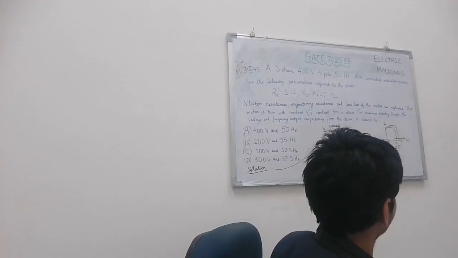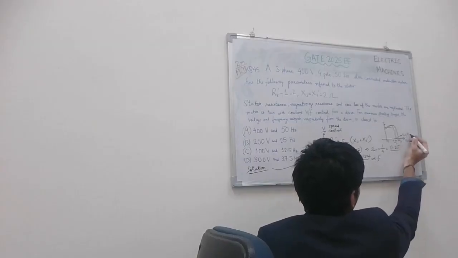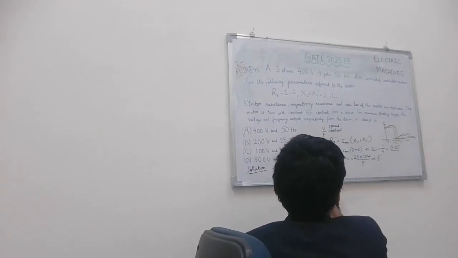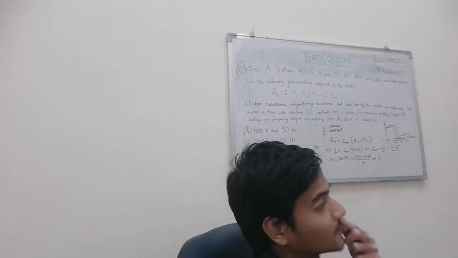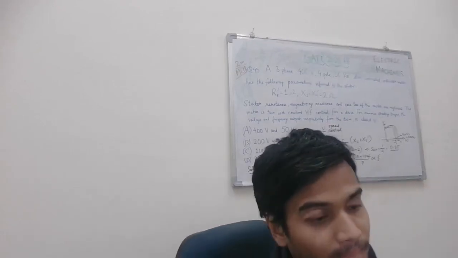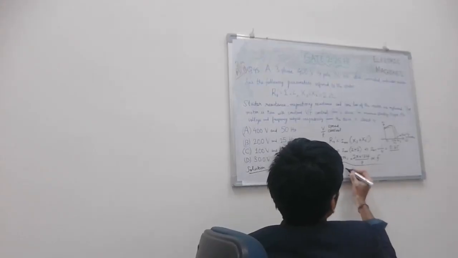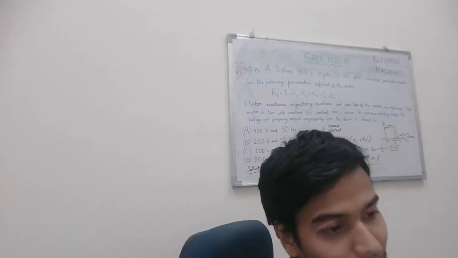We are reducing the synchronous speed by the slip at maximum torque, SM times the synchronous speed. So this synchronous speed will be one minus SM times the original, similarly at this point, one minus SM.